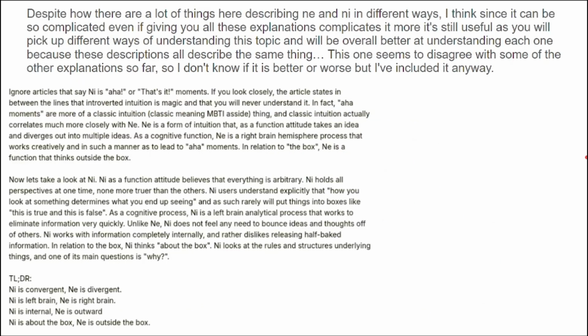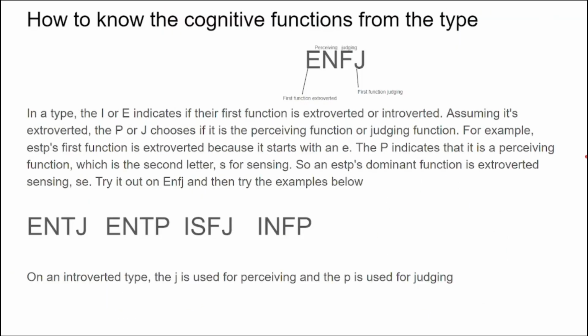Okay, how to know the cognitive functions from the type. In a type, the I or E indicates if their first function is extroverted or introverted. Assuming it's extroverted, the P or J chooses if it's the perceiving function or the judging function.